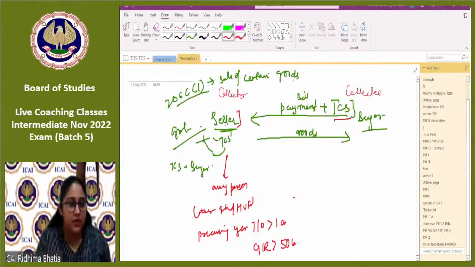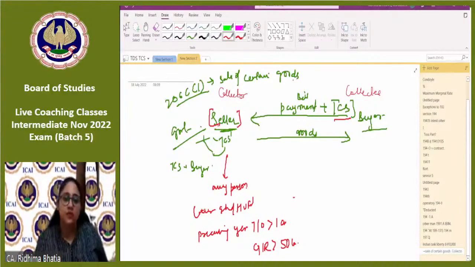Seller के ऊपर है. All the compliances of collecting TCS, depositing it to the government, filing the return, issuing the certificate is on seller.